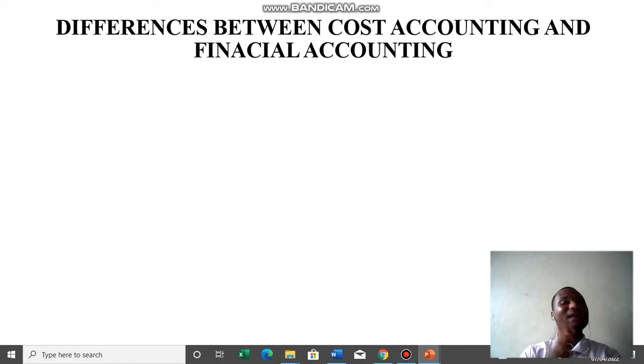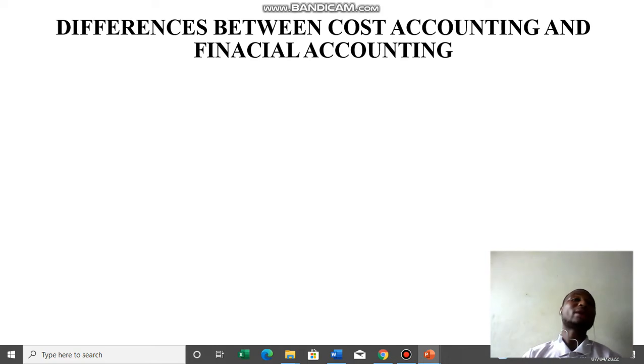The financial accounting section normally deals in reporting financial data to stakeholders in the organization. So cost accounting is normally an internal mechanism, an internal system. The financial accounting normally deals with external stakeholders. So cost accounting is more of internal, whilst financial accounting is more of external.